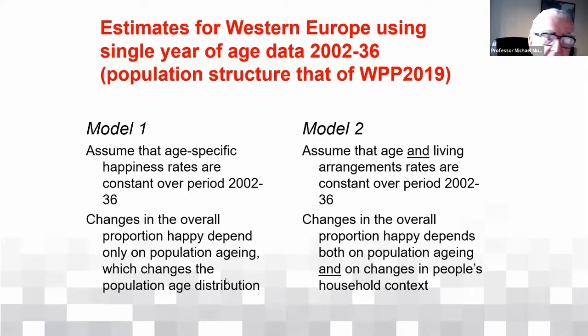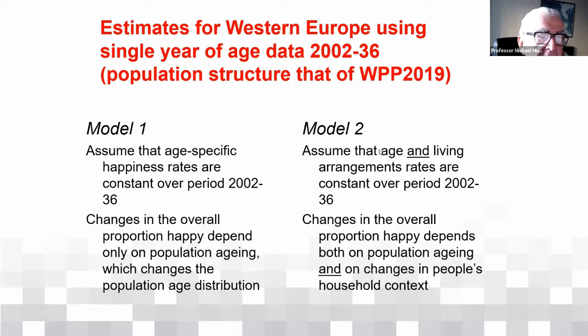Right. So in order to show the effect of household structure, we can set up two models and fit them and see what they produce. The first model assumes that age-specific happiness rates are constant over the period 2002 to 2036, and that changes in the overall proportion who are happy depend only on population aging, which changes the population distribution to an older average age.